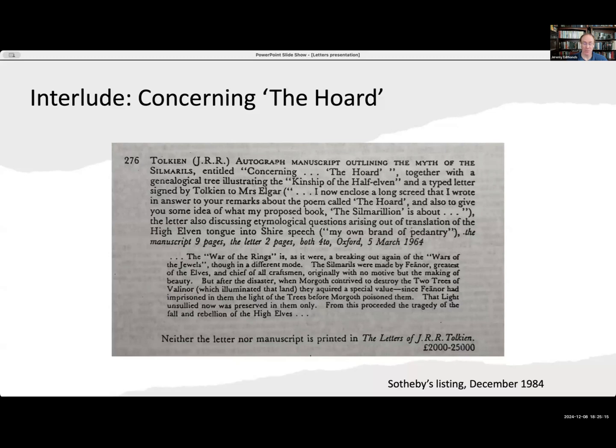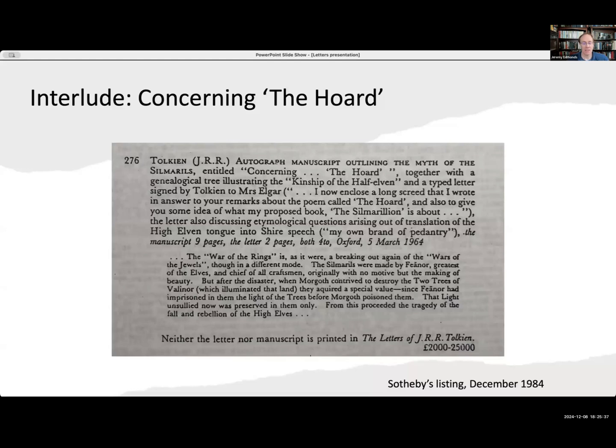And what was incredible that came out of this experience was when it was listed in 2022, the auction listing actually included a full reproduction of the entire document. So anyone who looked at that auction listing now knows the contents of the full 9-page document and the 2-page letter.